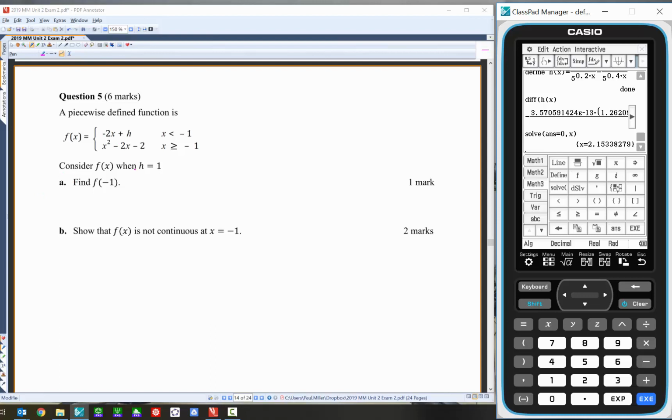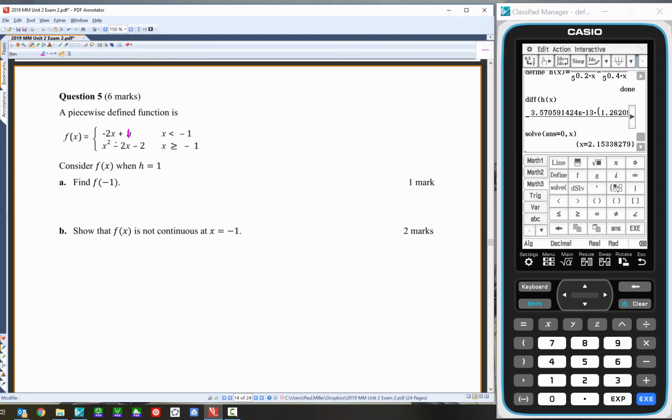All right, so consider f of x when h is equal to 1. All right, so that's what we're doing first, is we're saying, hey, h is 1. All right, now what we've got here is find f of negative 1. So we've got to put negative 1 into this function, but only one of these actually accepts it. This one's not going to accept it because this is for values of x less than negative 1.